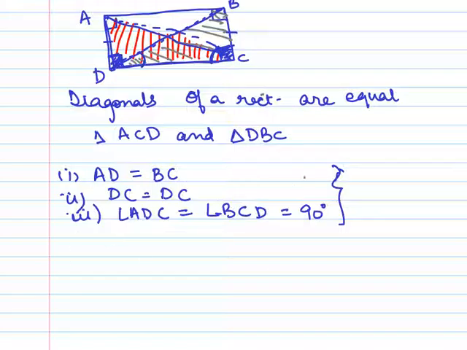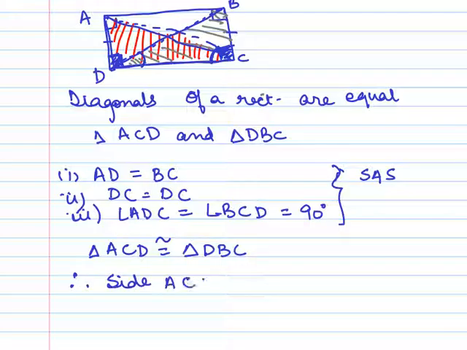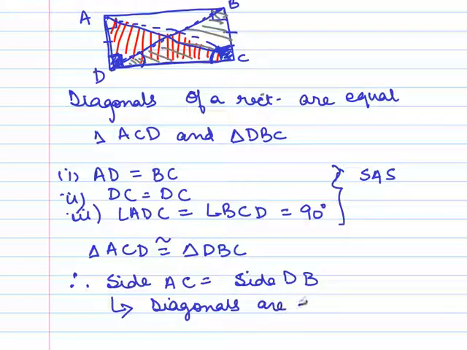So this is SAS, side angle side. So with these three conditions we can say that triangle ACD is congruent to triangle DBC, and therefore we can say that side AC will be equal to side DB. Therefore we can say that the diagonals of a rectangle are equal.